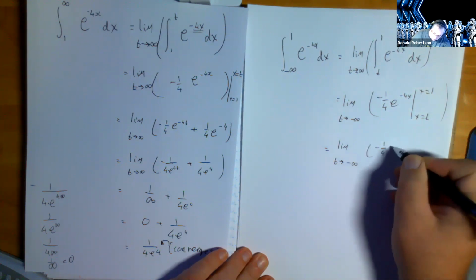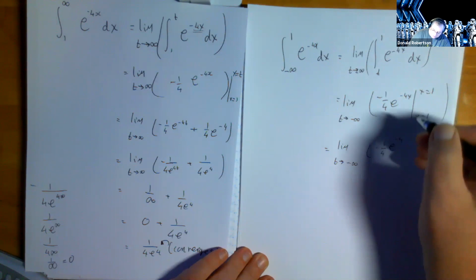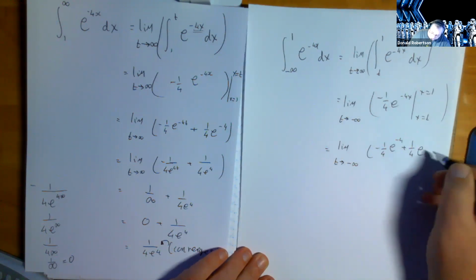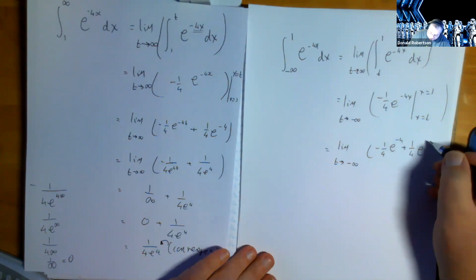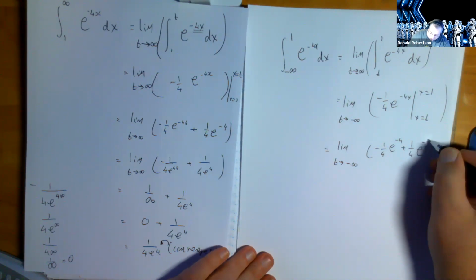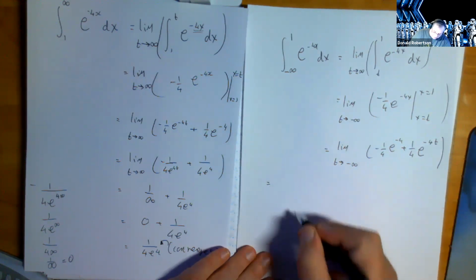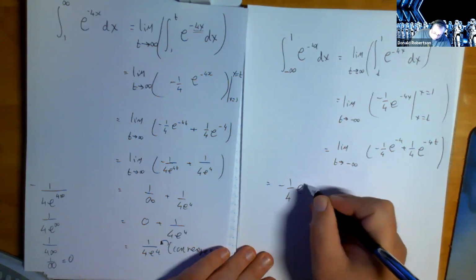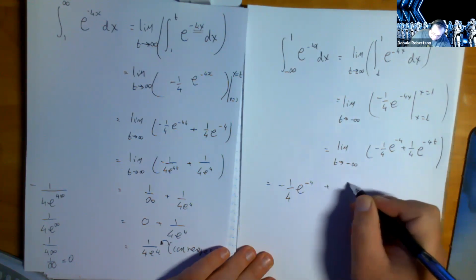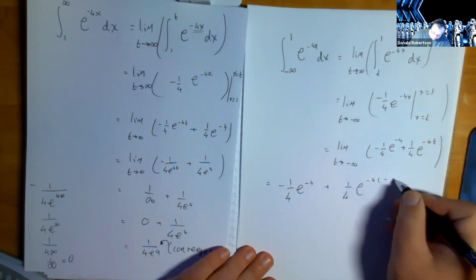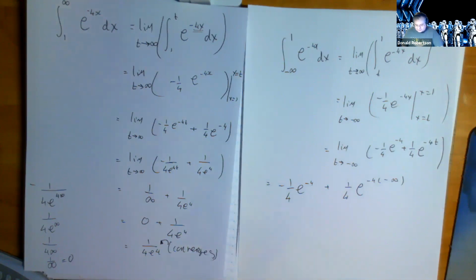It's -1/4 e to the -4t. Take away a negative means you add it. 1/4 e to the -4t. Then I'll put in infinity and we'll see what we get. In this case, I didn't change it. I just left it that weird way.